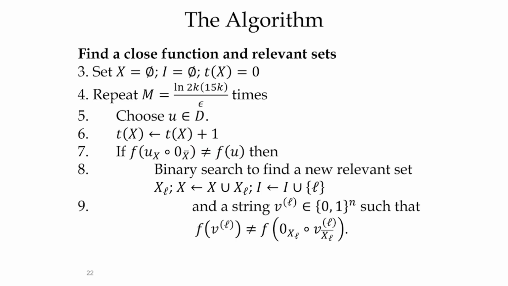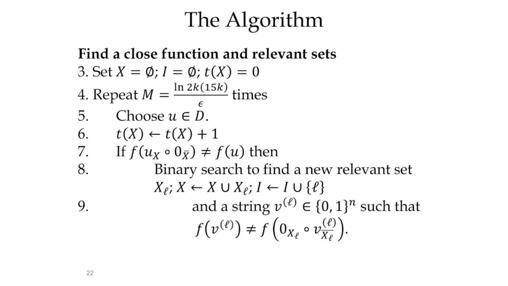If there is always equality, then this means there are no longer any relevant sets and we can continue to the next stage. But if there is an inequality, we go over to lines 8 through 9 to find the relevant set using binary search and find a vector by using the inequality in line 9.